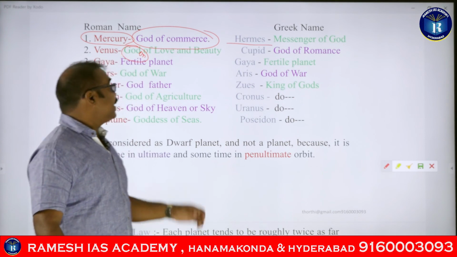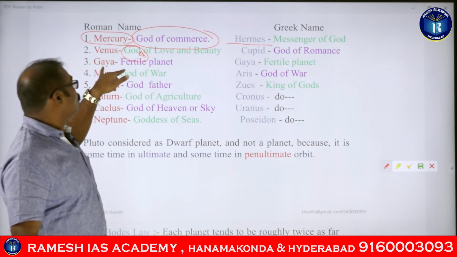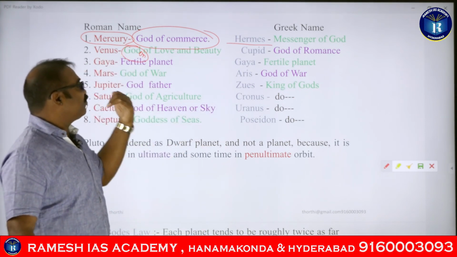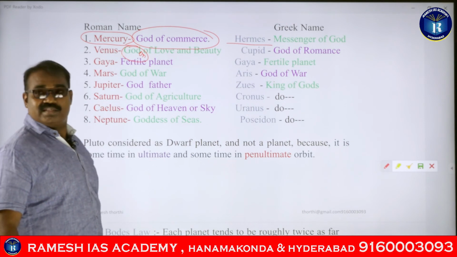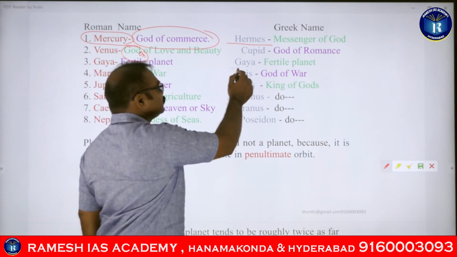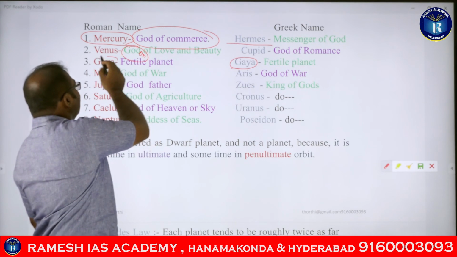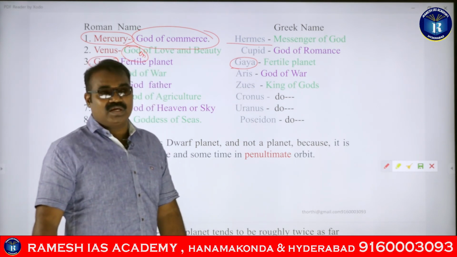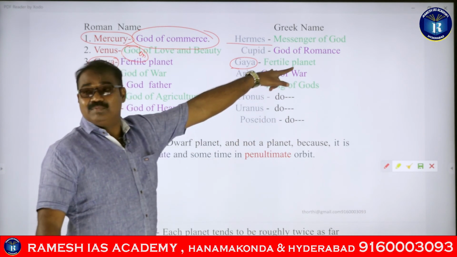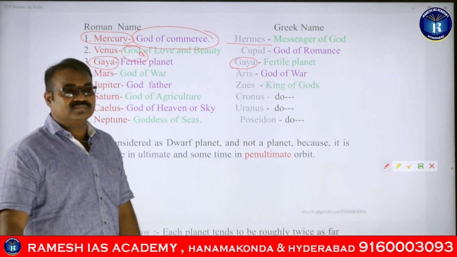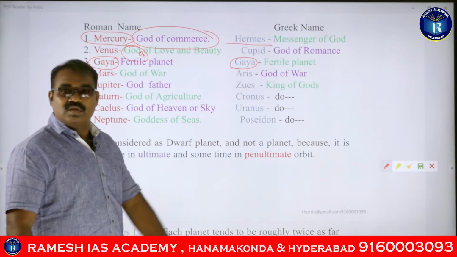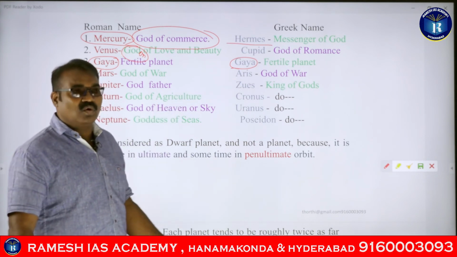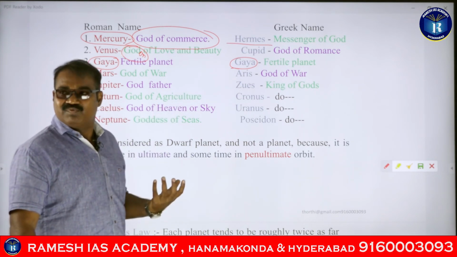Next, the Roman and Greek name of our Earth is Gaia. Gaia is both the Roman and the Greek name of the Earth. Gaia means a fertile planet, the planet with life, because out of all the planets, only one planet is fertile.